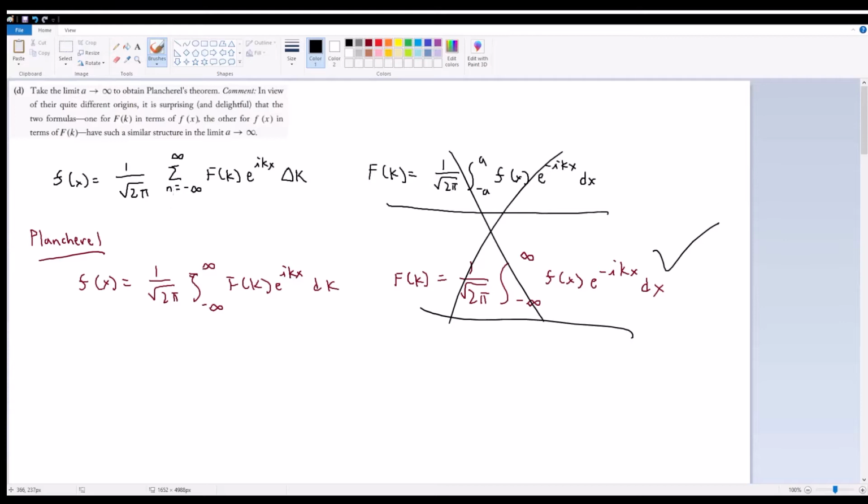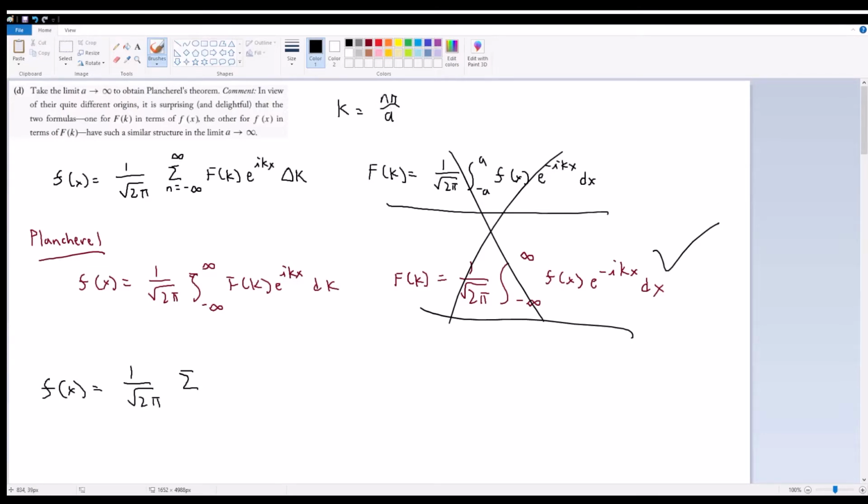For this one, what we have to do is recognize what delta k actually equals. So if we rewrite this, f of x is equal to 1 over square root of 2 pi times a summation. First off, this is an index in n, and this is an integral in k. So we want to convert this from indexing in n to indexing in k. But we know that k takes on the following form: k equals n pi over a. So if n is going to infinity, well, pi and a are both constants.